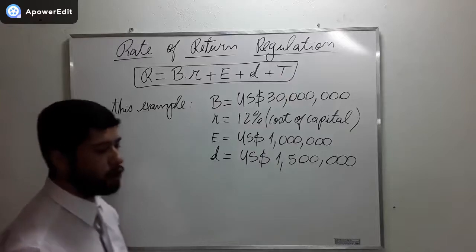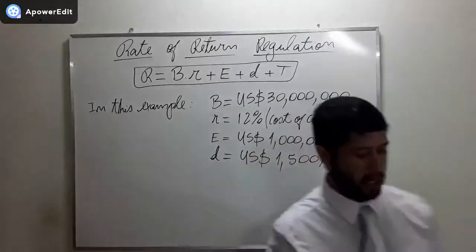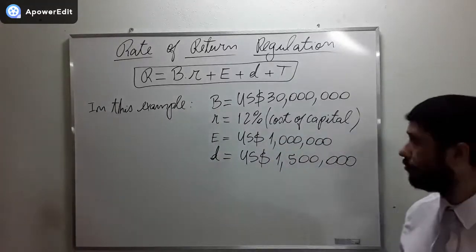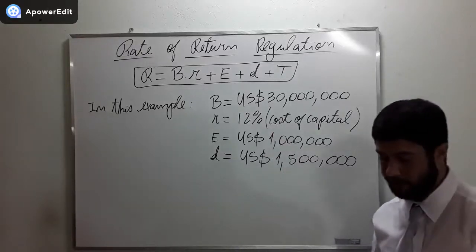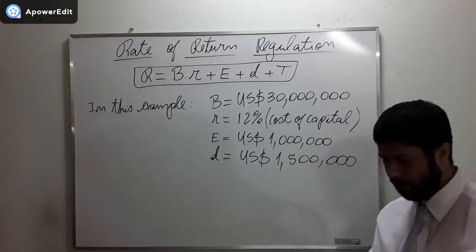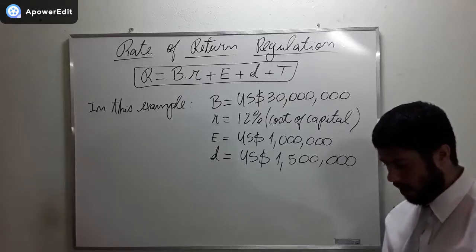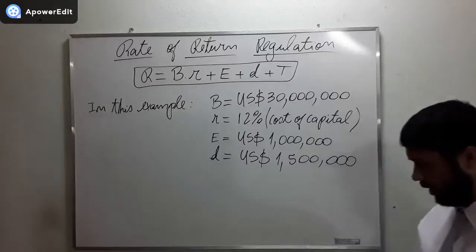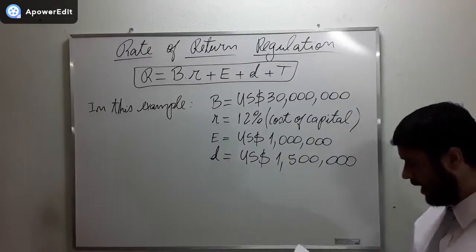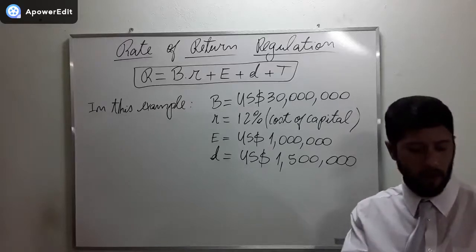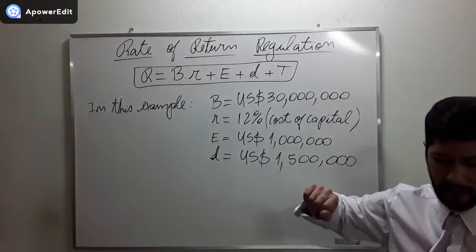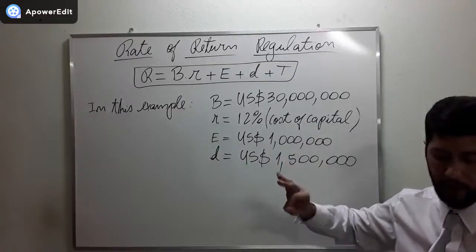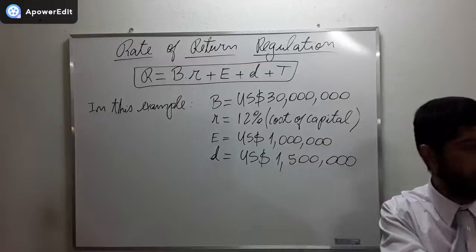How are we going to calculate T? We are going to calculate T based upon the given data. The exercise says that 50% of the cost of capital is equity, and the cost of equity is 14%. We are going to use this, and the tax rate of 25%.